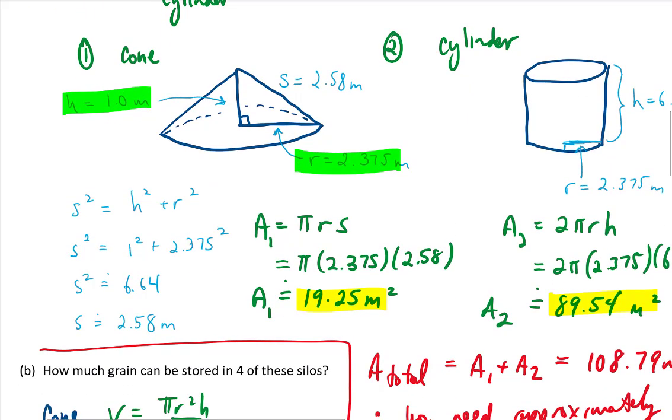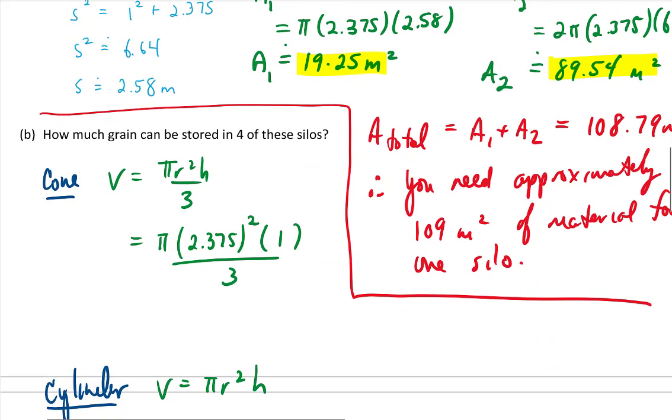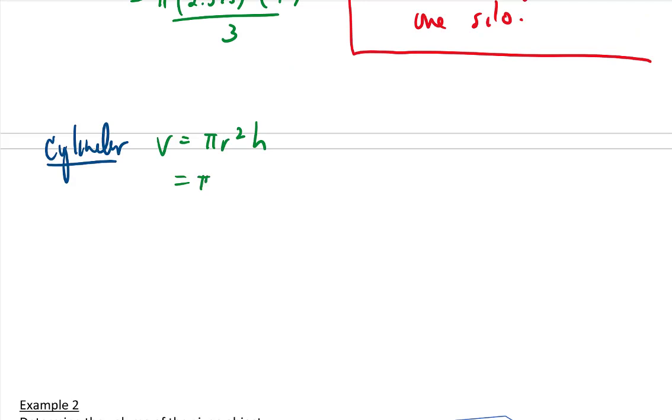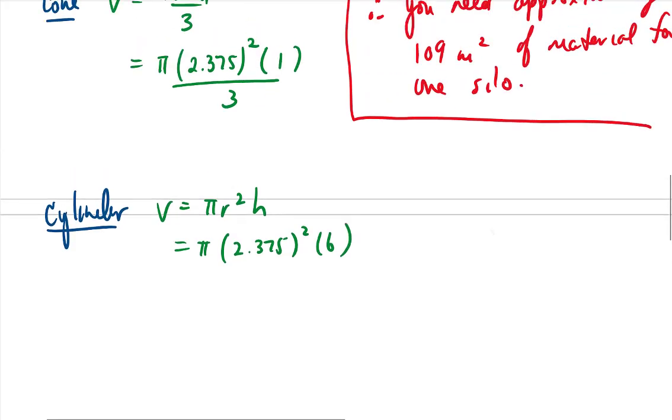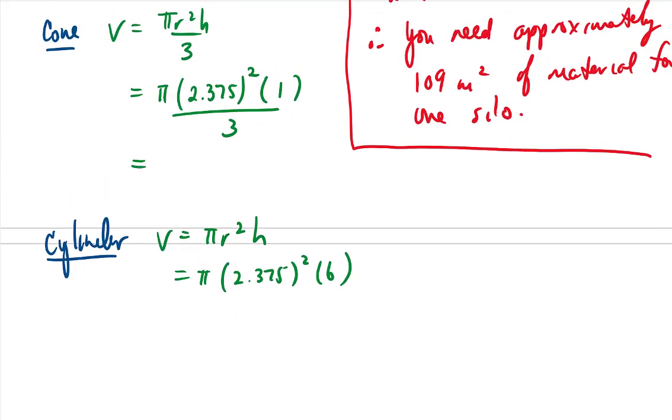And for the cylinder, we have a height of 6 and the same radius, 2.375. So volume equals pi times 2.375 squared, and then times 6, and we don't need to divide. And all we need to do now is use our calculator to determine the volume of each geometric shape.